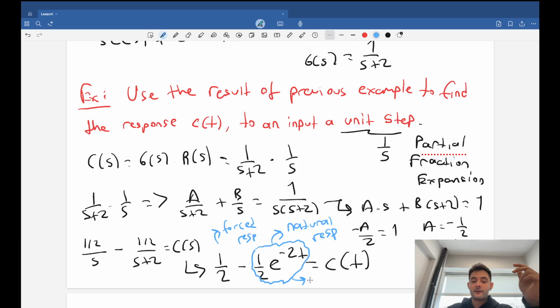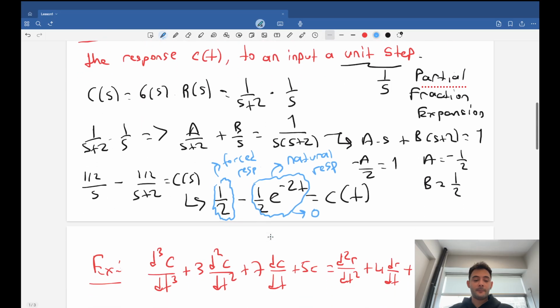And this is how this system works naturally. Naturally, all the systems go to 0. But this doesn't go to 0 because it's part of the input. It's a contribution of our input, and the input is not something natural. We force it. So that's why it's the forced response. Just keep in mind, maybe in upcoming videos we will talk about this again, but I think that's a crucial part to understand the responses.